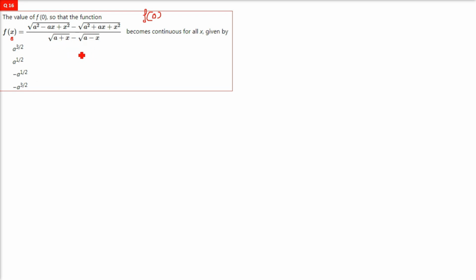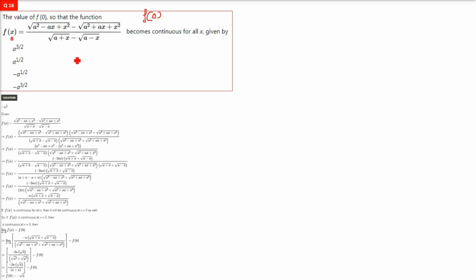So this question will contain a lot of rationalization, and writing this again and again will take some time. So let me just brief you again. Limit x tends to 0 or x tends to a is 0 in this case. Fx is equal to f0. This f0 we are going to find out.